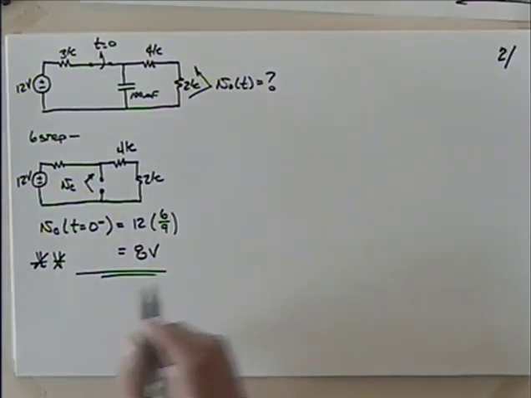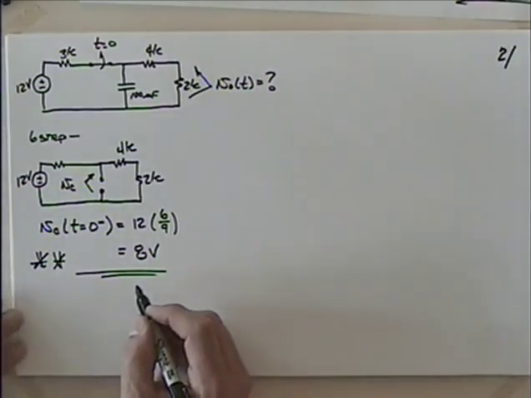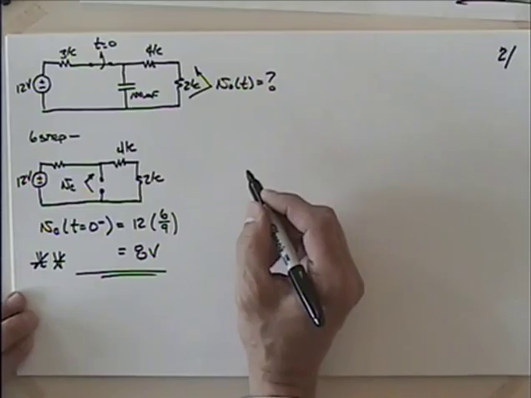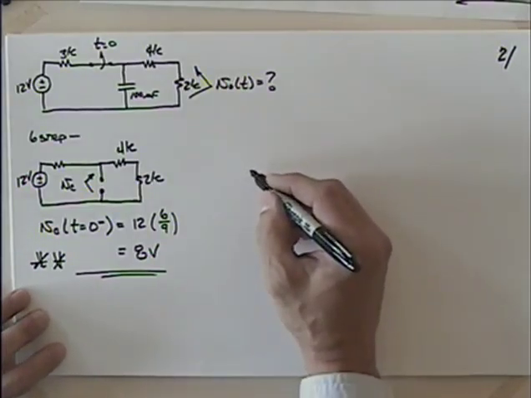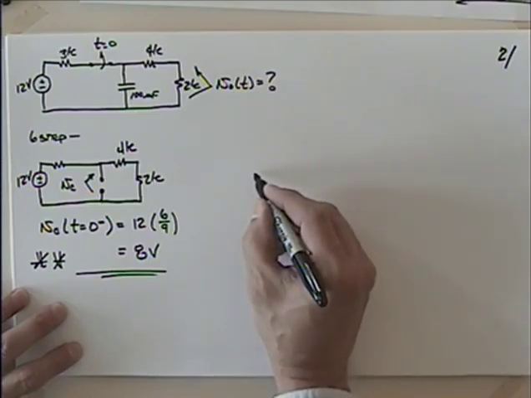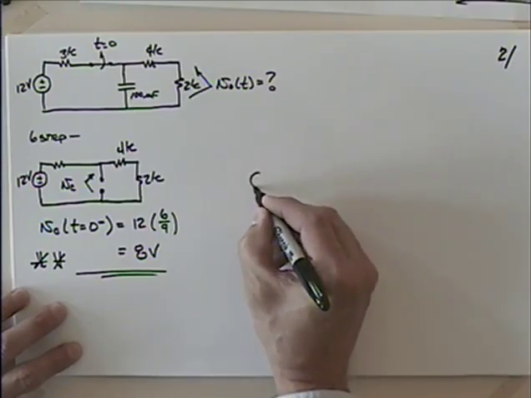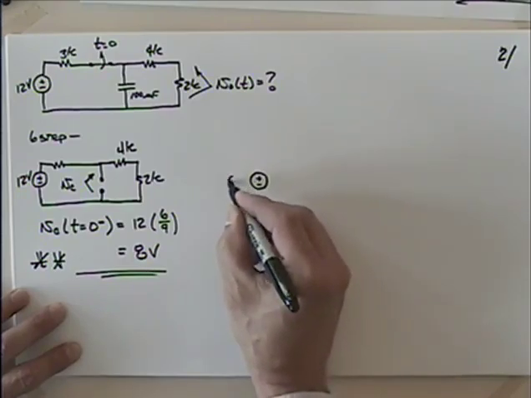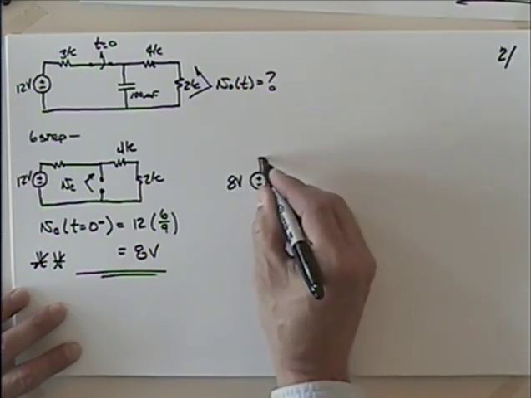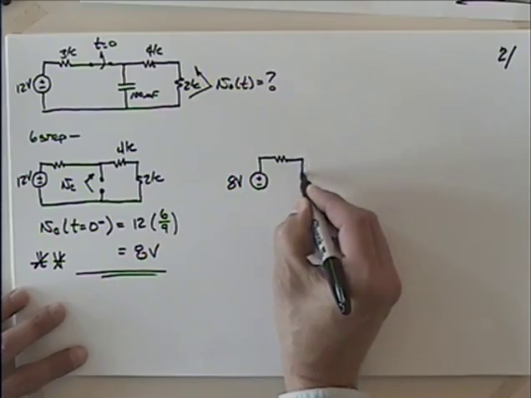So we've got that, and then we go ahead and we throw the switch, right? And when we throw the switch, we can come up with this. We're going to put the voltage here for what we had in the capacitor.